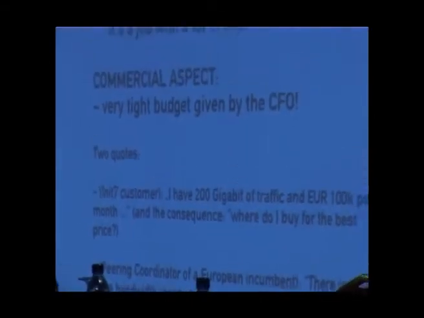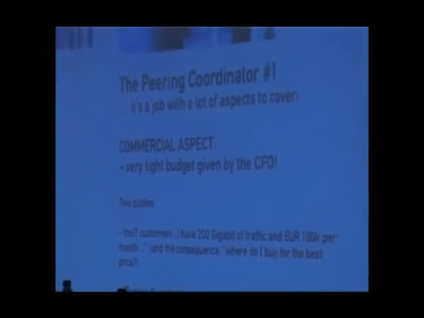First and foremost, it's a commercial aspect. A peering coordinator has to cover this, because the CFO of the company usually gives them a very tight budget. I have two quotes to illustrate this. An Init7 customer told us a couple of months ago, I have 200 gigabit of traffic and I have 100,000 euro.